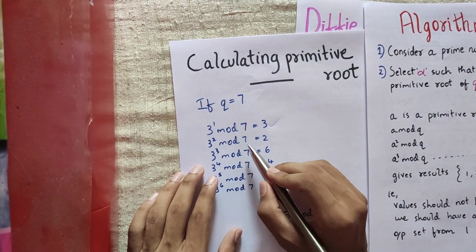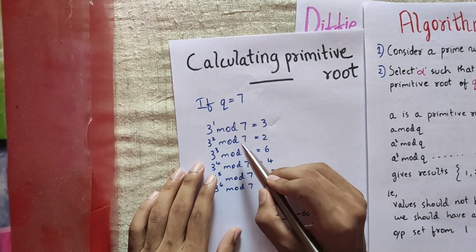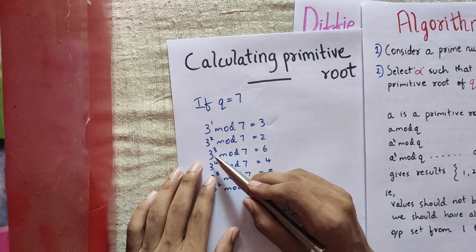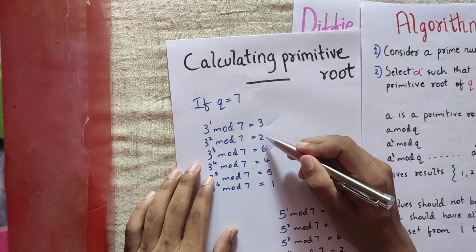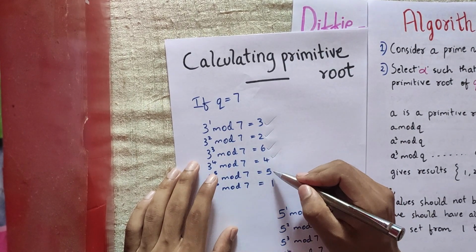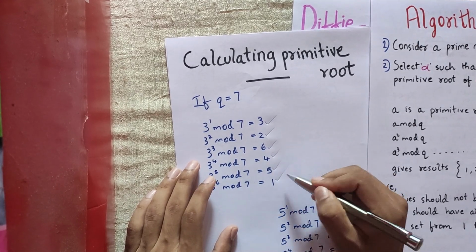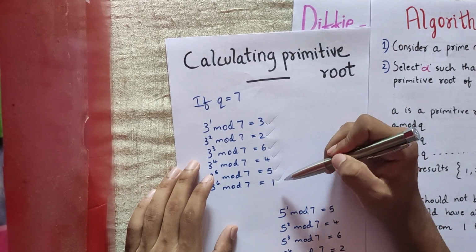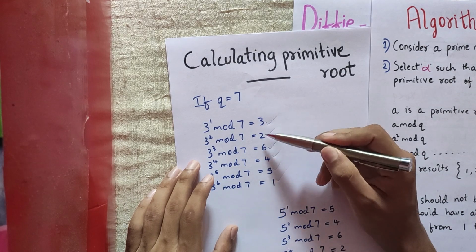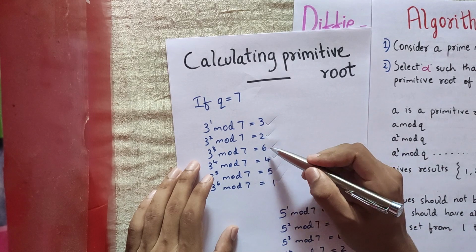The mod 7 is nothing but dividing 3 raised to 2 by 7 and writing the remainder, 2. And we will get 3 raised to 3 mod 7 is equal to 6, 3 raised to 4 mod 7 is equal to 4, 3 raised to 5 mod 7 is equal to 5, and 3 raised to 6 mod 7 is equal to 1. So here we can see the answers contain 1, 2, 3, 4, 5, 6.